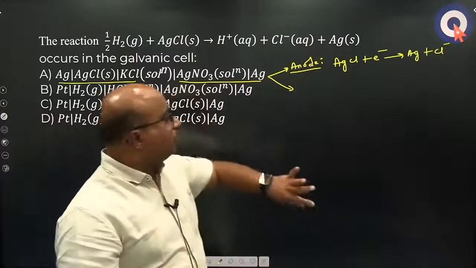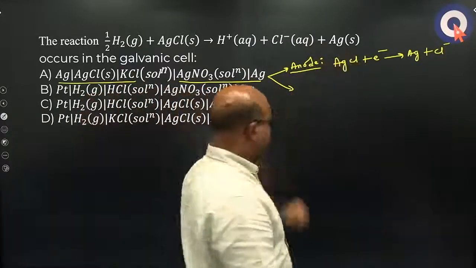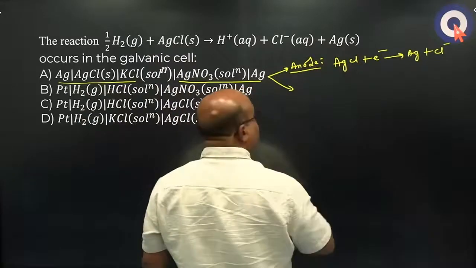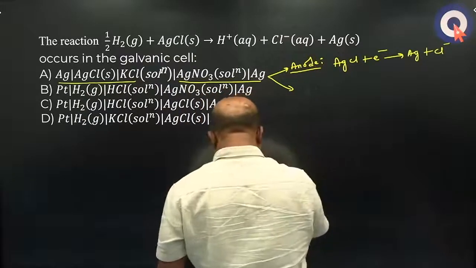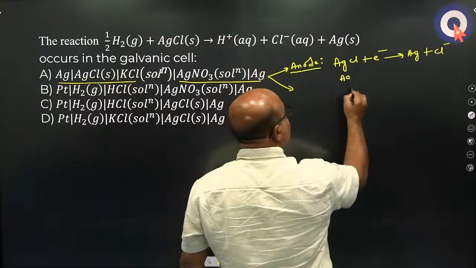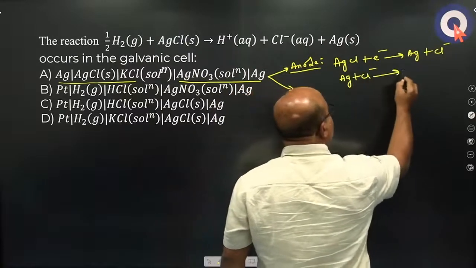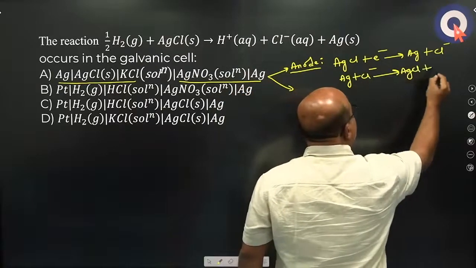If this is the reduction reaction, what is oxidation? The reverse reaction. So if it is an oxidation reaction, we completely reverse this: Ag plus Cl minus giving AgCl plus electron.